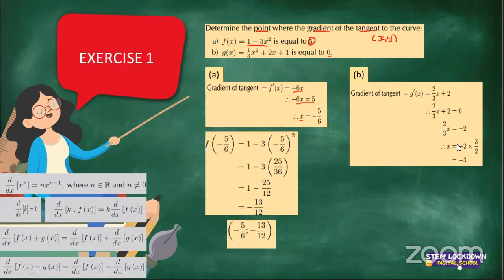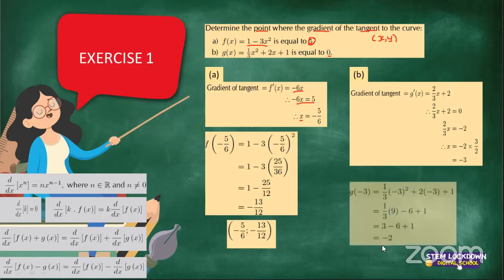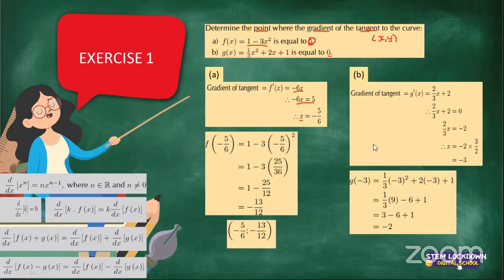And you get the value of x. Substitute the value of x back into the function to get the value of y. So you're calculating the corresponding value of y. Okay. So your tangent is actually passing at the point where x is -3 and your y is -2.